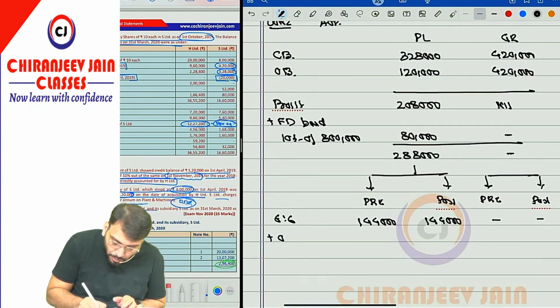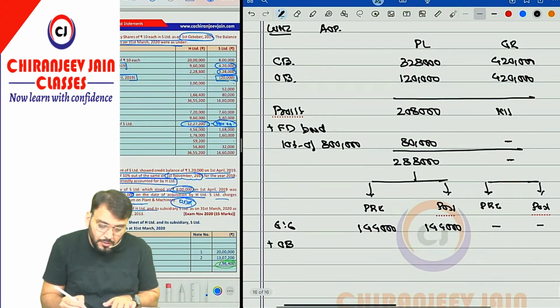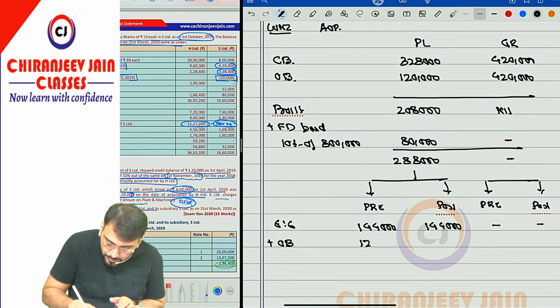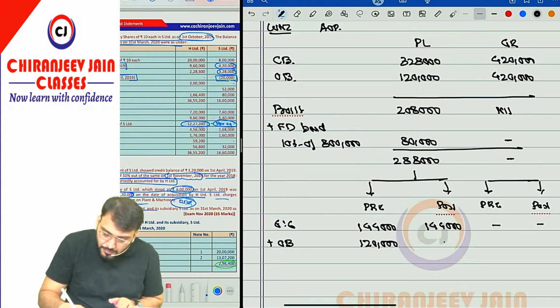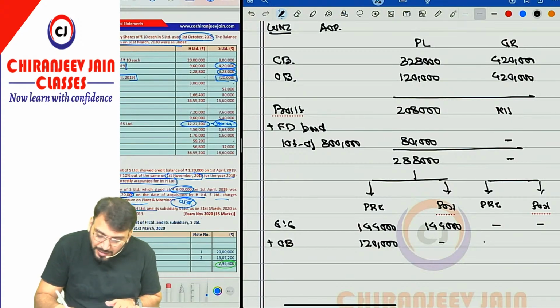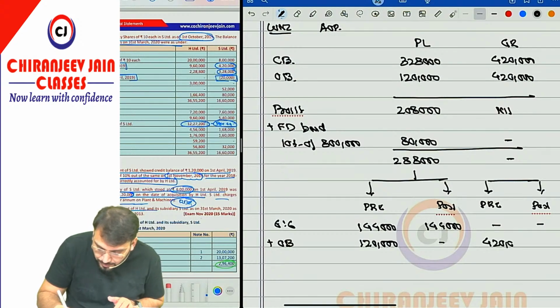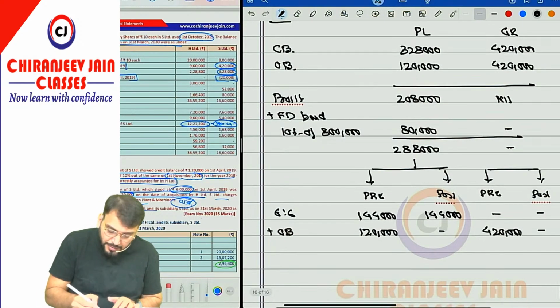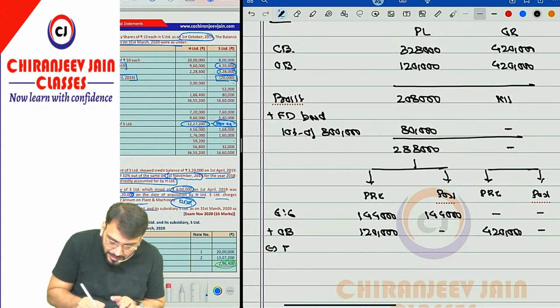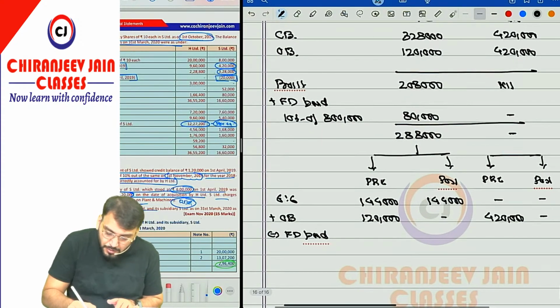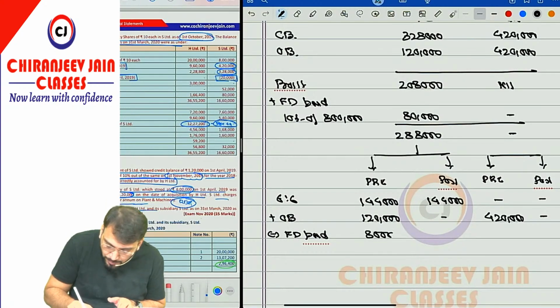And this will add opening balance. Opening balance what? 1,20,000. And here opening balance what? 4,20,000. Correct. Then we will do minus final dividend paid, because final dividend has been paid from pre-acquisition profit. So minus 80,000 will do from this.